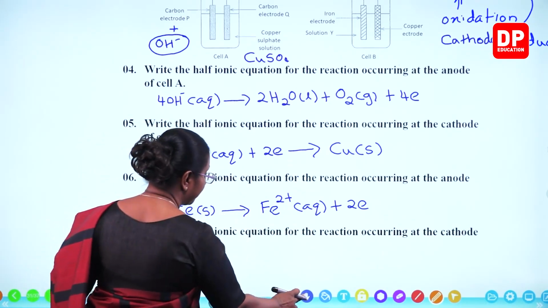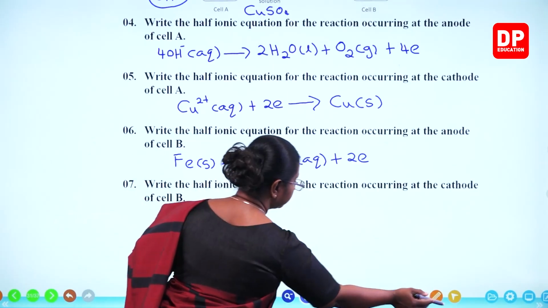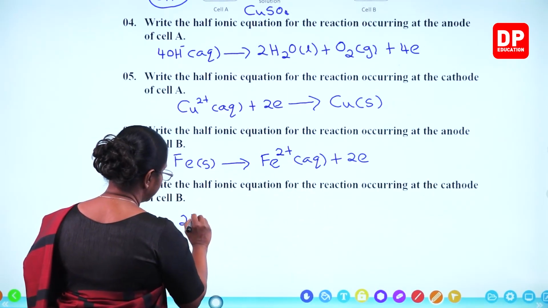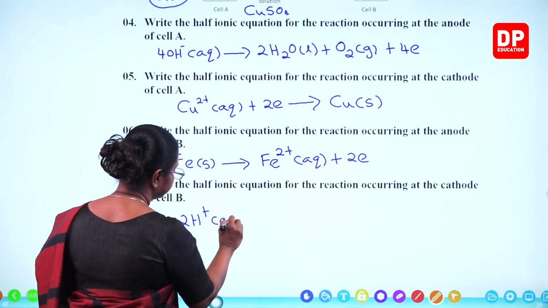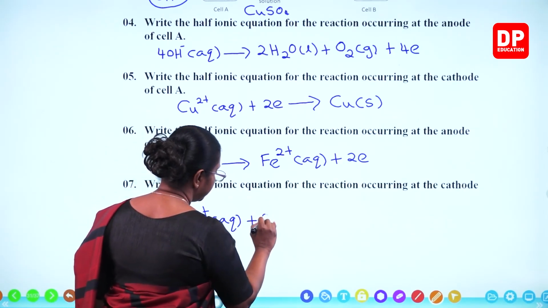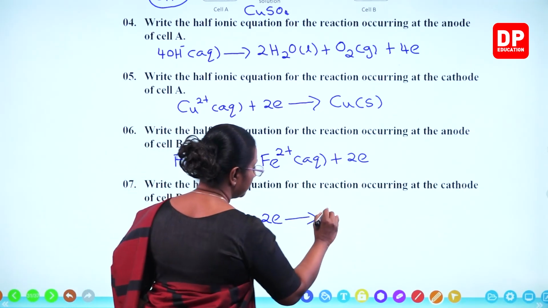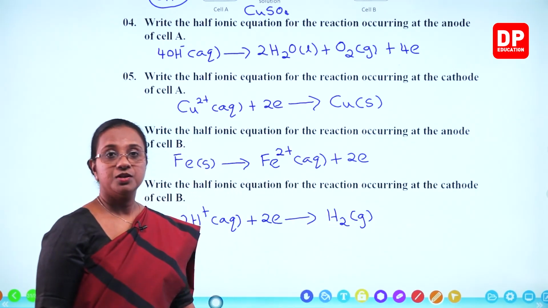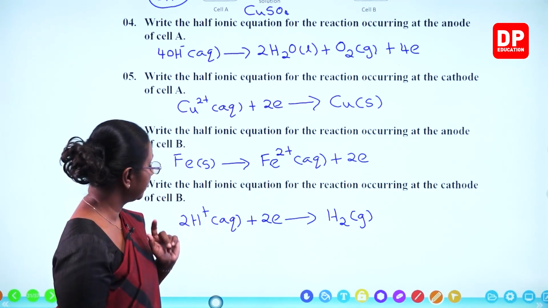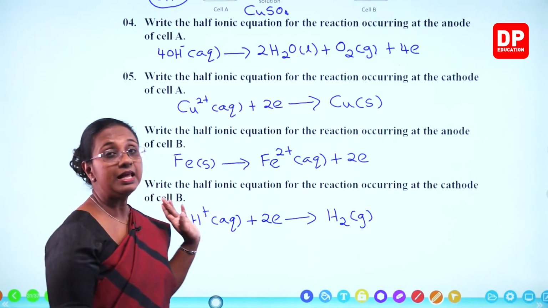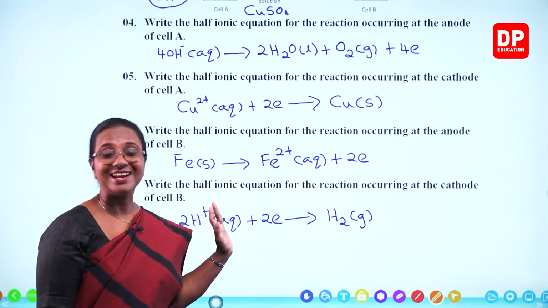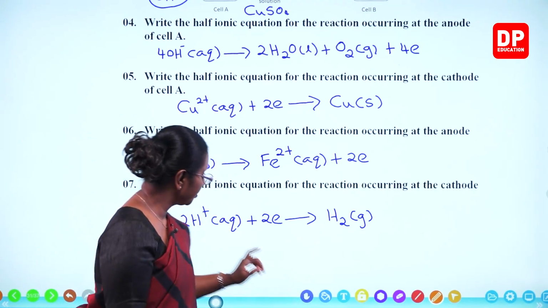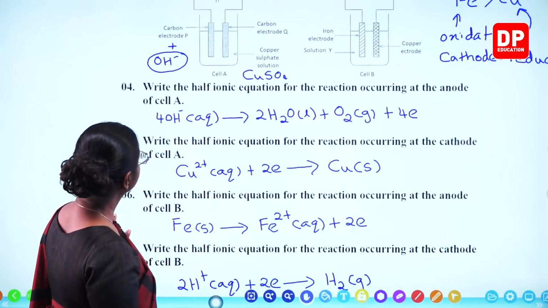So that is what happens there. 2H+ aqueous takes up 2 electrons, forming H2 gas. So that is the reaction occurring at the cathode of cell B. I'm sure you all can remember all these, students. So just to quickly go back and see.